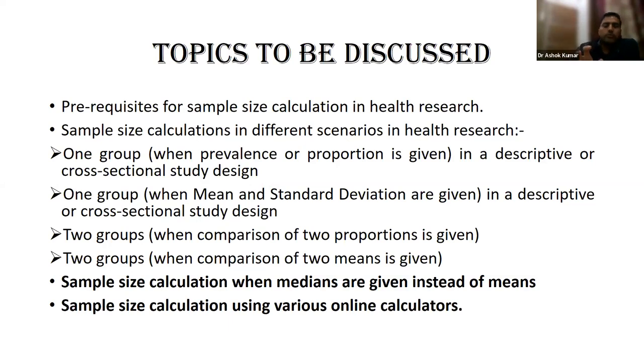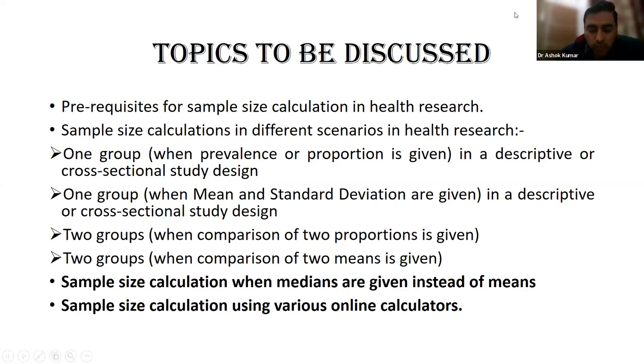For example, with prevalence and proportion, 30%, 20%, 18%, 90%, 60% of participants or patients have this event of interest. If we have mean and standard deviation, it is, for example, the mean of hemoglobin or the mean of creatinine, the mean of a quantitative variable.